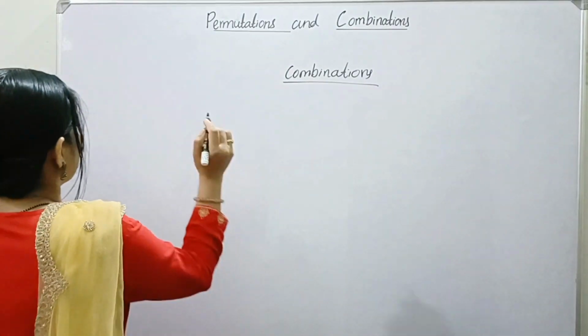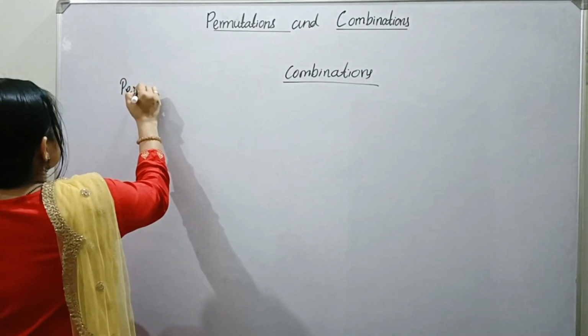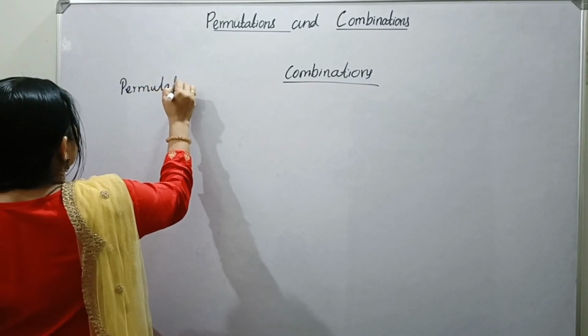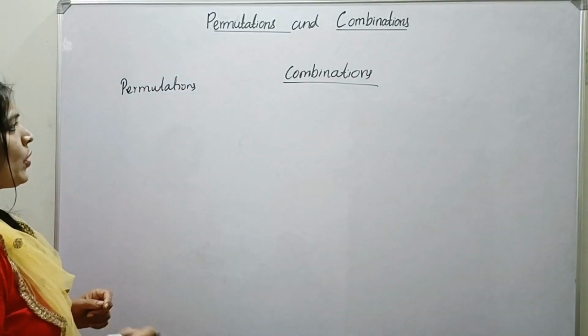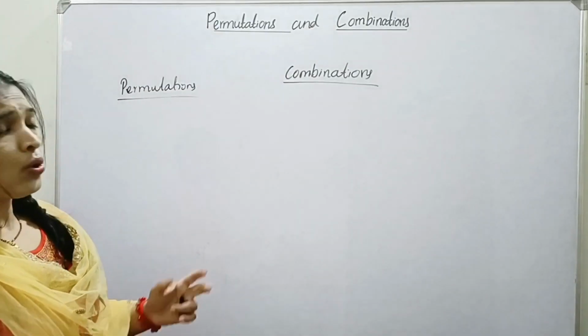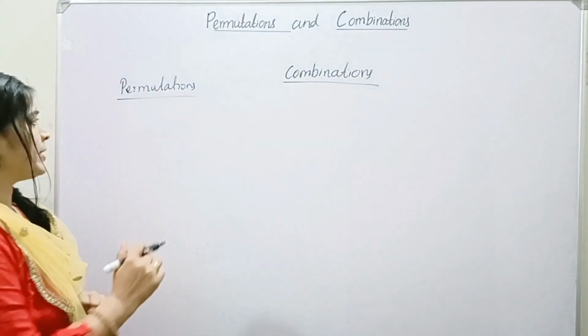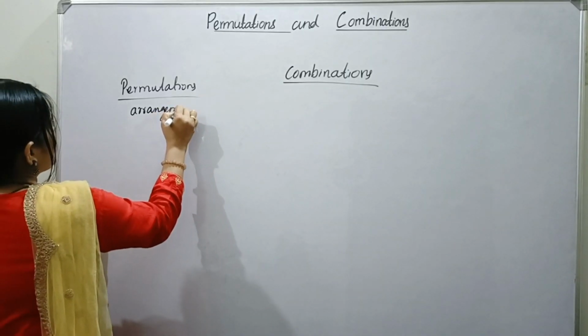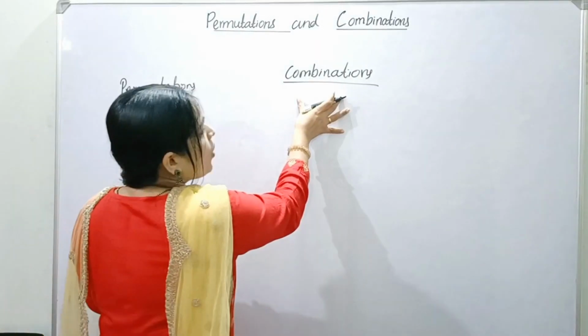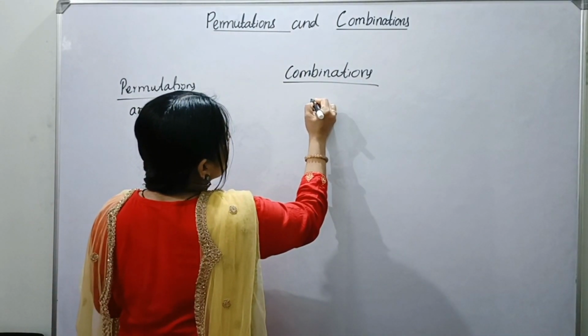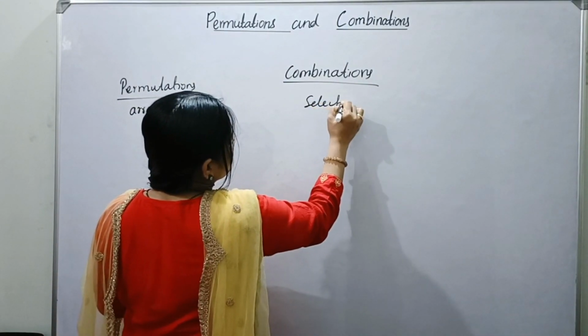Let us see permutations and combinations. Permutation is about arrangements, and combination is about selection.